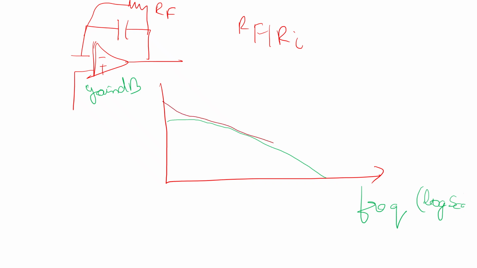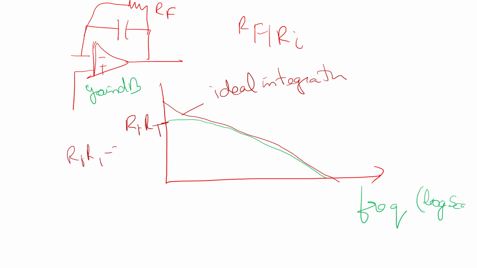This is the curve obtained in an ideal integrator circuit. This is the point at which RF and R1 are the same, so RF by R1, minus 3 decibels, will be approximately at this frequency.